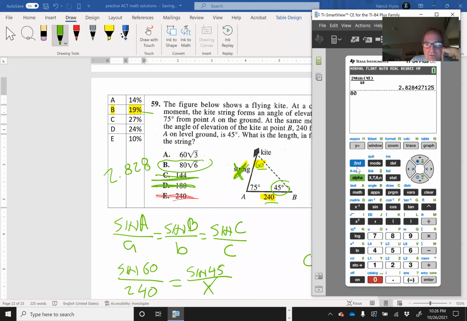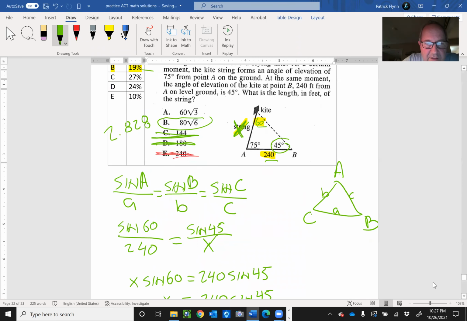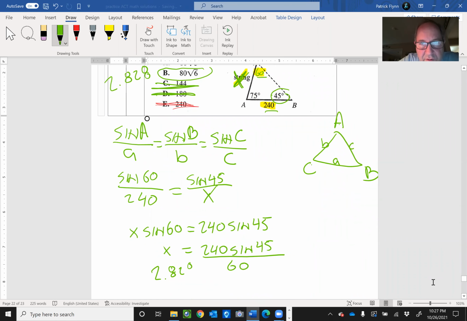80 square root of 6, right? Let's see if it is our decimal. 80 square root of 6 is, what, about 60 square root of 3? Not that one either. Let's see if I did this one wrong here. 240 times the sine of 45.